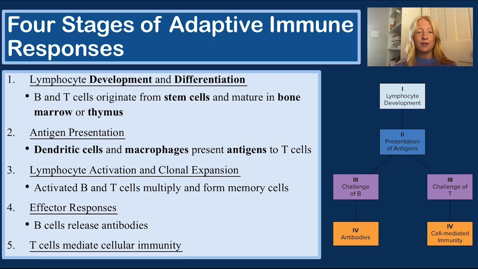And then we have activation and clonal expansion. This is where B and T cells multiply into huge armies of identical cells, and some of these will become memory cells, which will stay behind for long-term protection. And then we have the effector phase.